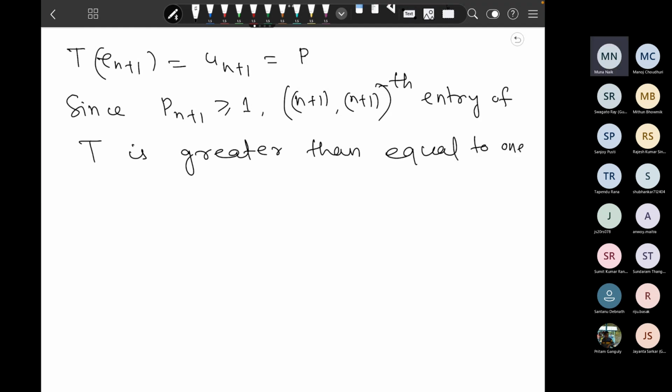Okay, so that means by definition T belongs to O++(n,1) disjoint union O-+(n,1).